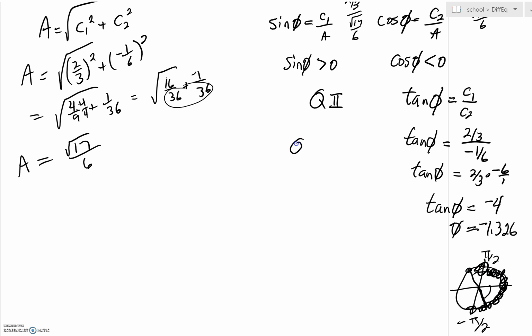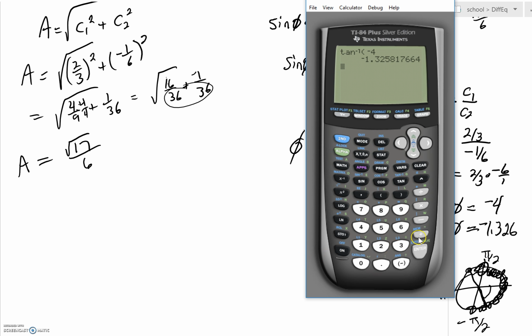So really, that's what phi is ultimately going to be. We're going to add pi to that. That's the same thing as taking pi minus that reference angle if you looked at it that way too. So either way you do it, you're going to be fine. So I'm just going to add a pi. And that's going to be your phi. Your phi is 1.816.